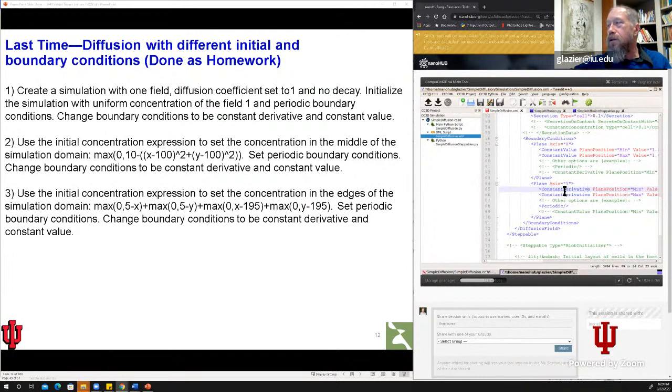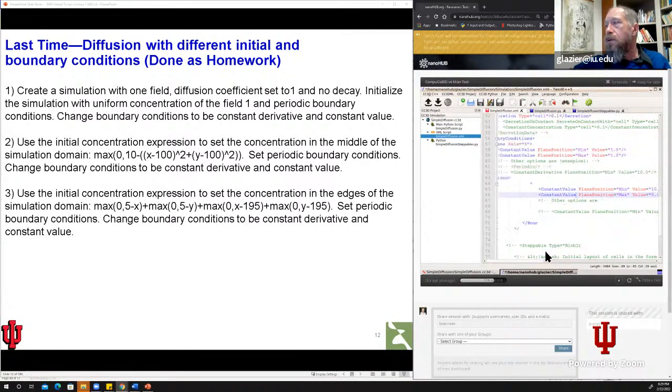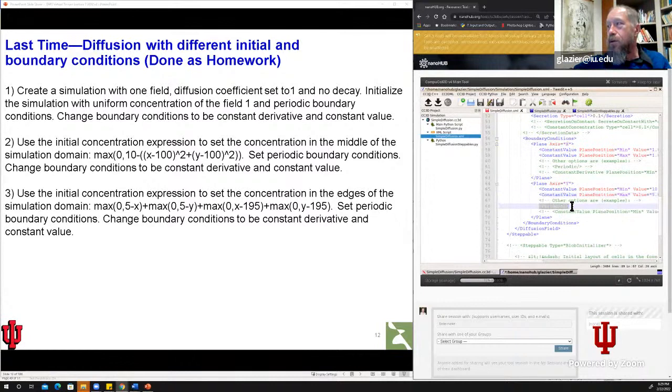We'll do Y as well. And notice that the default here is actually constant derivative because I want to illustrate different ones. I have to change that to constant value. And you have to comment out the periodic. If you have both of them, it'll get confused. I don't think it'll crash.